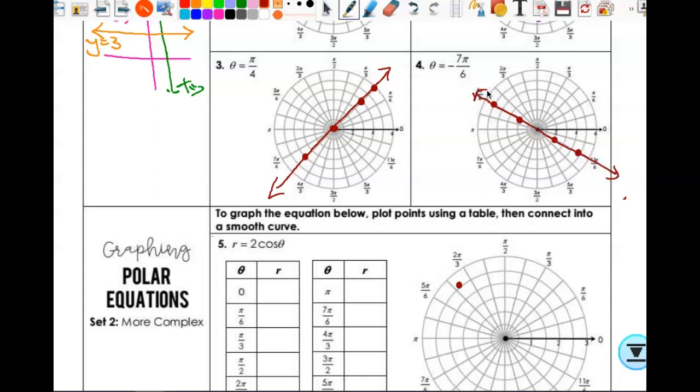Your line looks something like that. What questions do you have? Okay, so now we're going to look at one where we have r and theta in there.